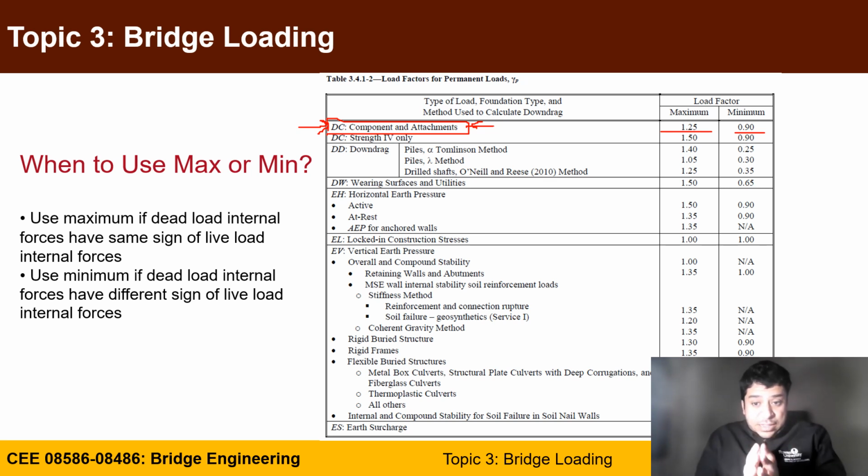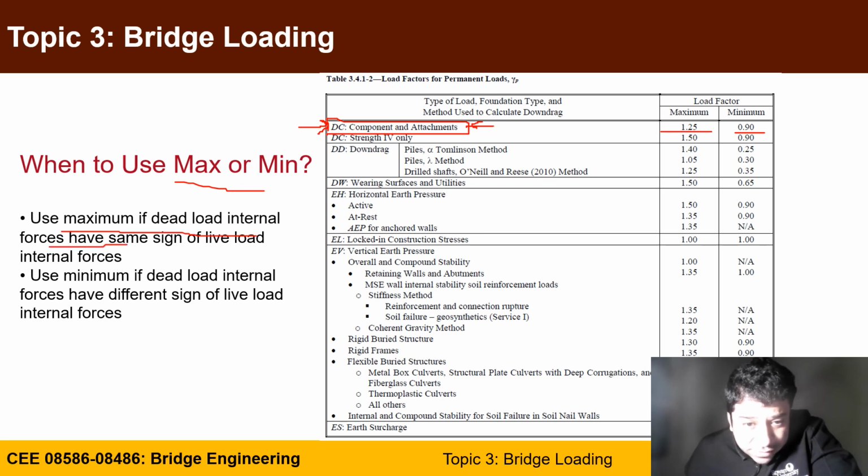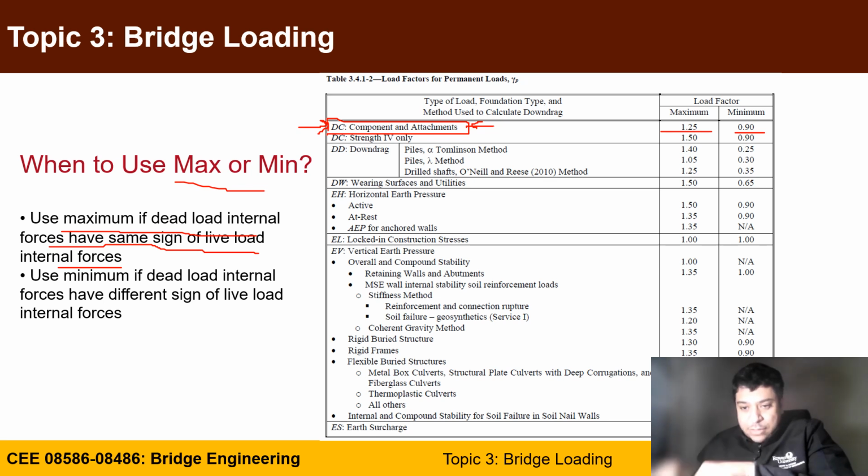In this case, for dead load, you have a minimum and maximum range from 0.9 to 1.25. 0.9 is used if reducing the load will impose a more critical situation on a bridge, and 1.25 if increasing the load will impose a more critical situation. So what is maximum? What is minimum? Maximum is used if the dead load internal forces have the same sign as the live load forces. So when you are adding the two, you use the maximum factor for dead load and the factor for live load.